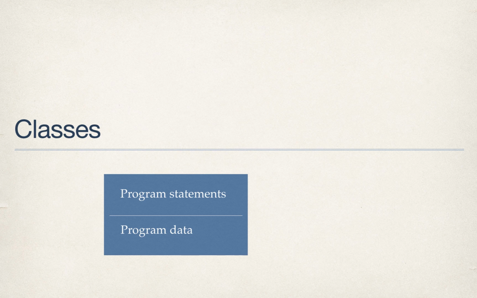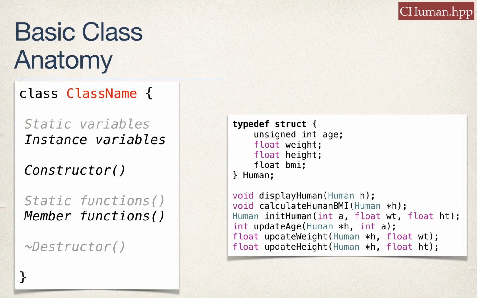Let's look at this a bit more closely. So the anatomy of a class will be class, a class name, and then curly brackets. Right? You'll have some variables in there like you do with a structure. You'll have some functions, unlike C structures. Okay. Now, the way this works is that the member functions, as they're known, belong to the class.